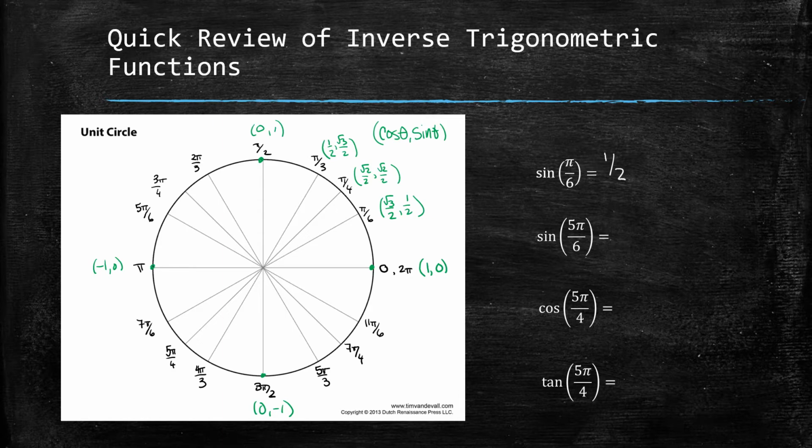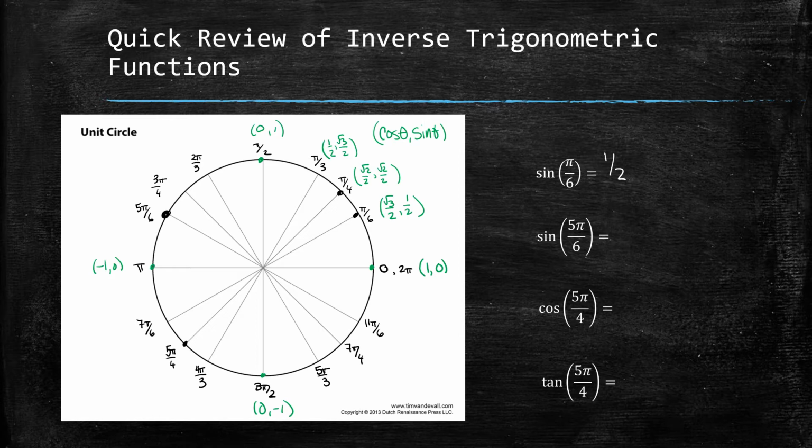Sine of 5 pi over 6. So now I'm looking over here in the third quadrant, okay? Sorry, I want 5 pi over 6. So sorry about that. We're here, 5 pi over 6 is here in the second quadrant. On the circle, it should be symmetric to pi over 6, which is here in the first quadrant, okay?